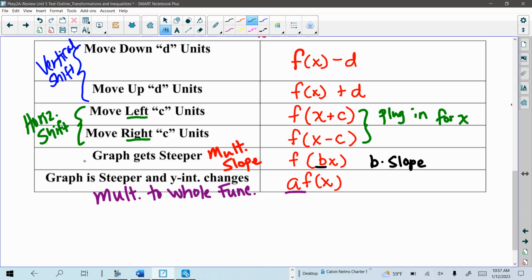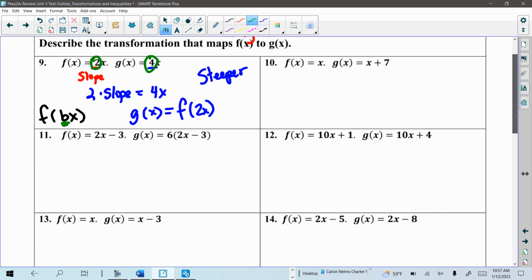It's only these 2 down here. It's steeper, so it had to be b times slope. Oh, because this is the b?